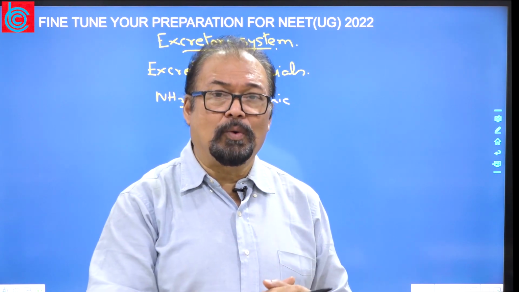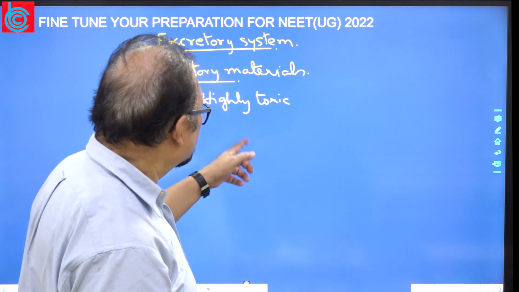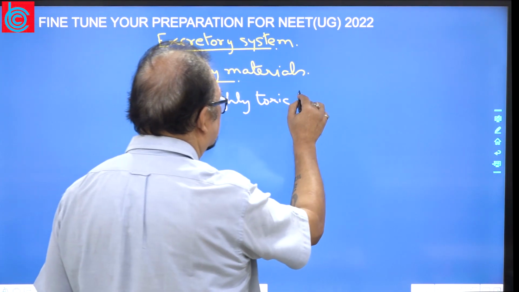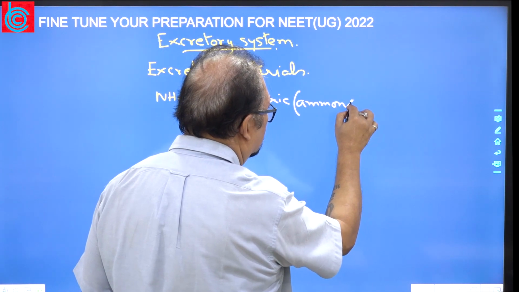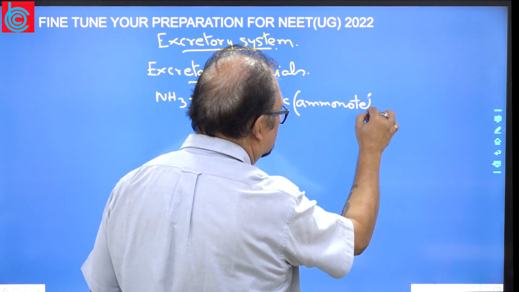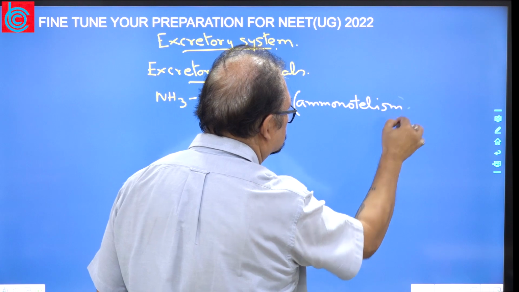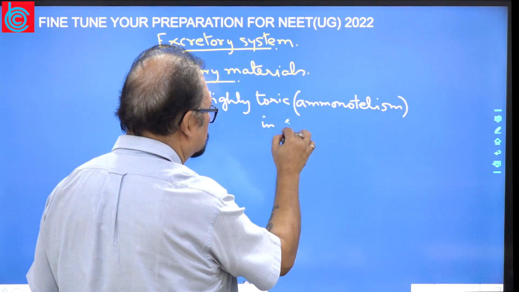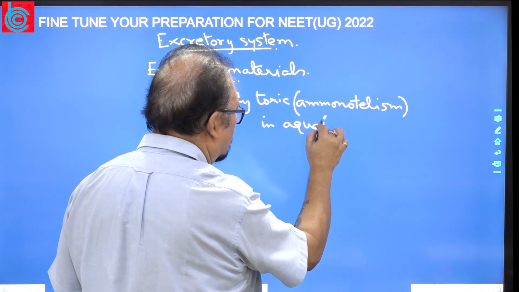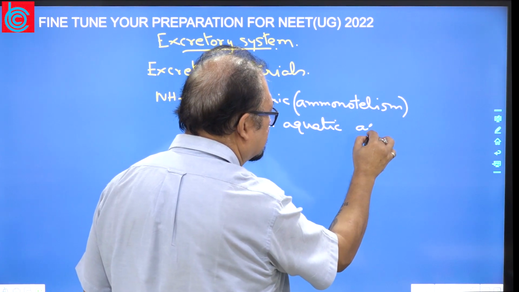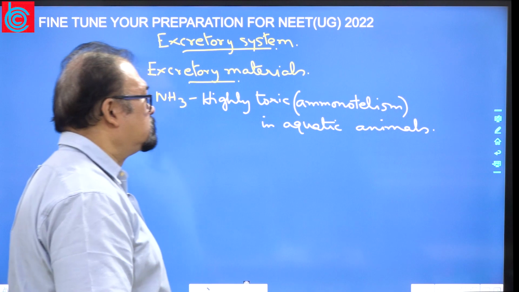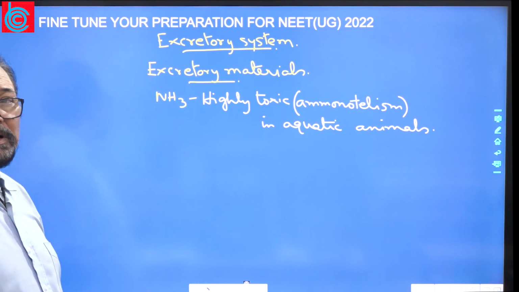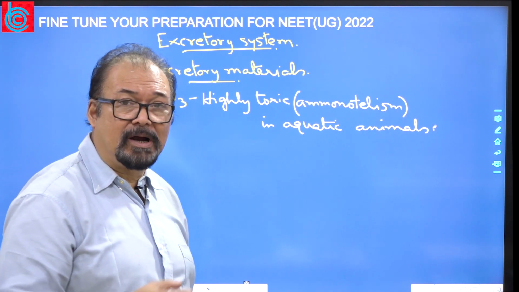Mainly the aquatic animals. So ammonia, highly toxic, ammonotelism in aquatic animals. Except shark. Shark is ureotelic.